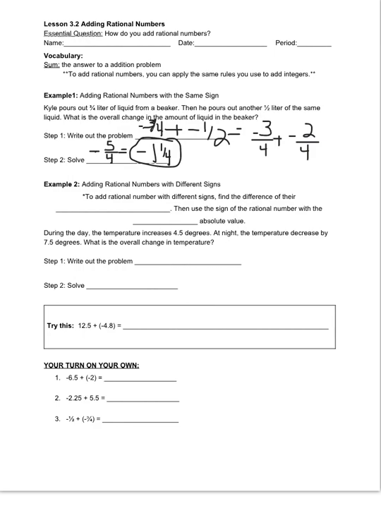Our second example is adding rational numbers with different signs. So again, just like with the same sign, the same rules apply. So to add rational numbers with different signs, we find the difference of their absolute value.